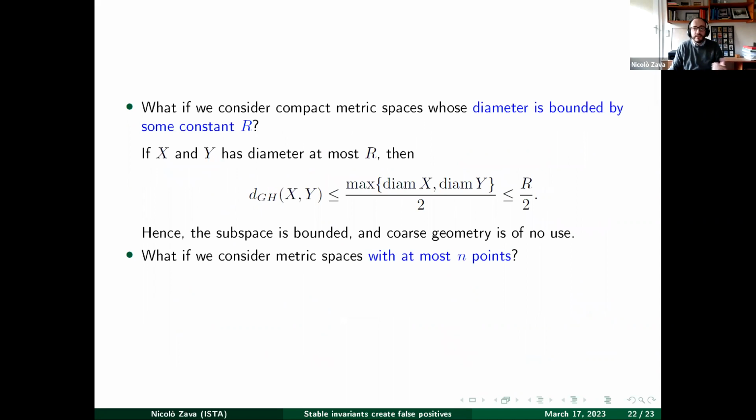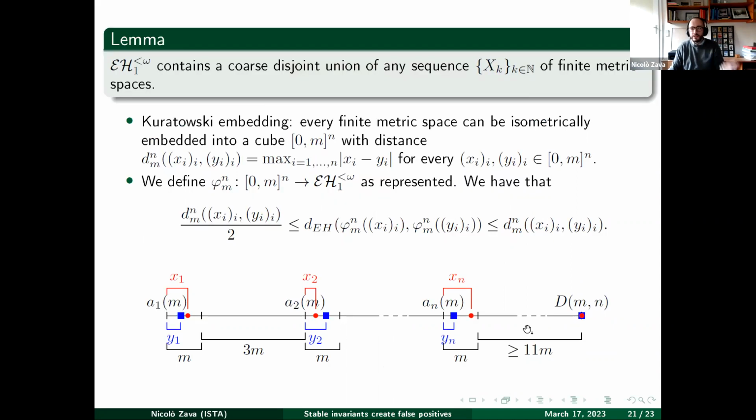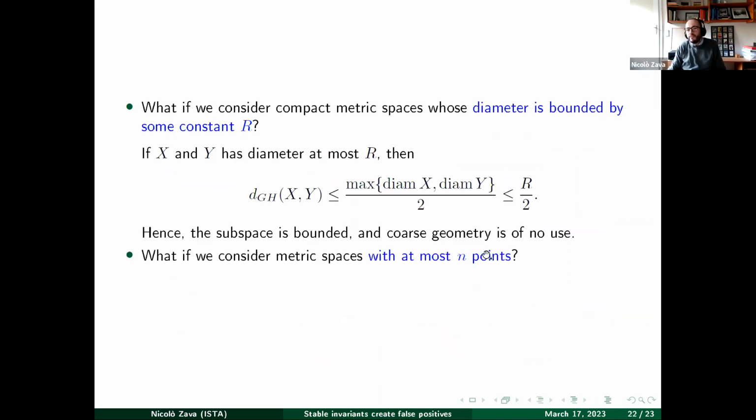Future directions. Here in the construction, I've said that I need sufficiently large intervals. So what if we consider, instead of metric spaces of arbitrary diameter, a uniform upper bound on the diameter of the metric spaces? Well, that's a valid and very interesting question. Coarse geometry is of no use.